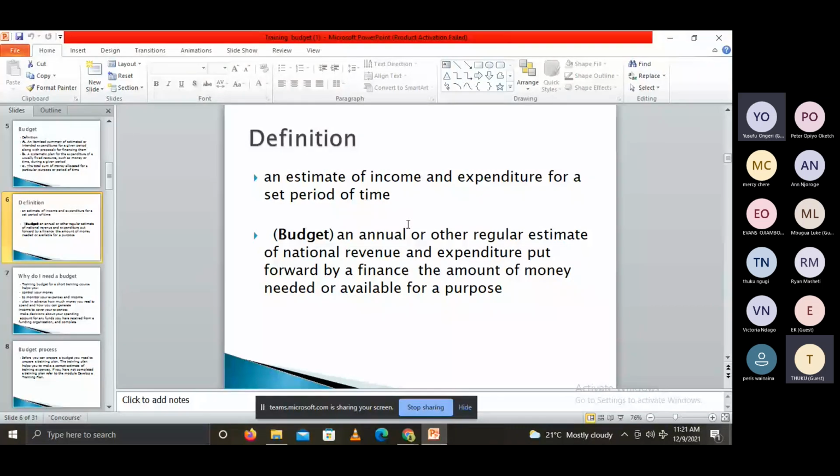You may require a motor vehicle, you may require a bus, or whichever means you are going to use to transport them, and it must be budgeted for. So sometimes it is budgeting for activities or budgeting for items.